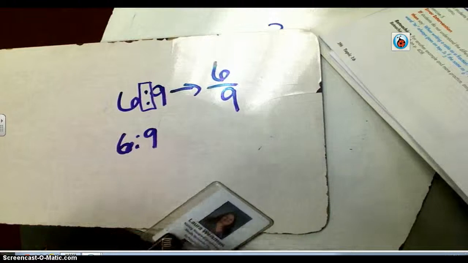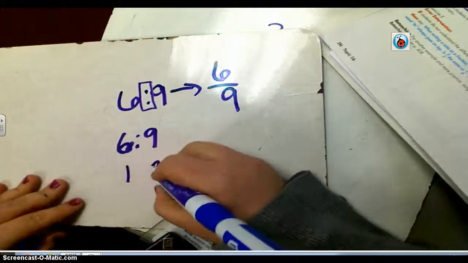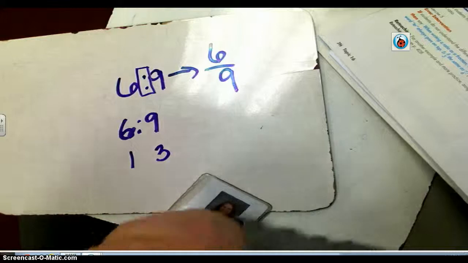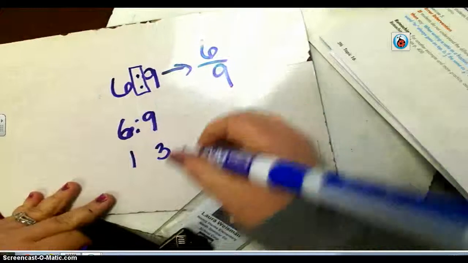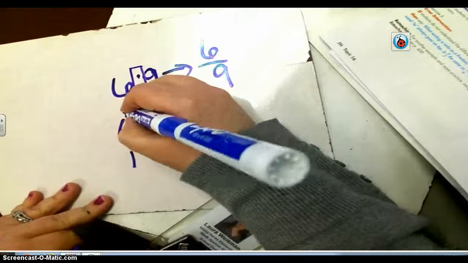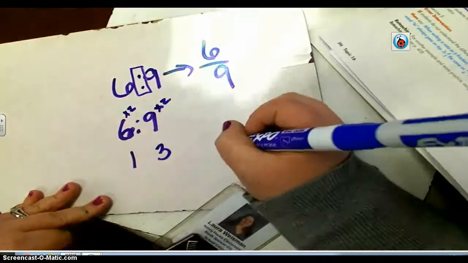Luke? 1/3. What else? Not 3/5. Not 3/6. 12/18. 12/18 would also work. All I did is multiply this number times 2 and this number times 2.